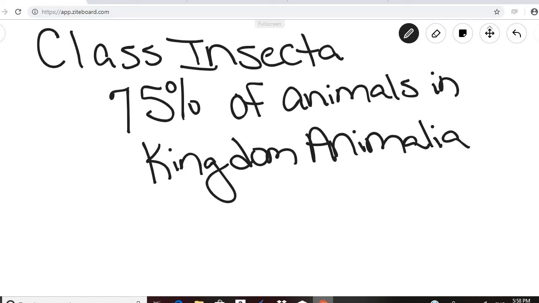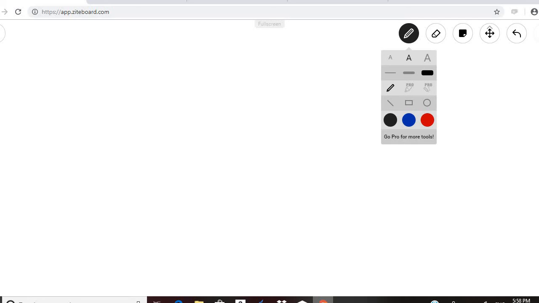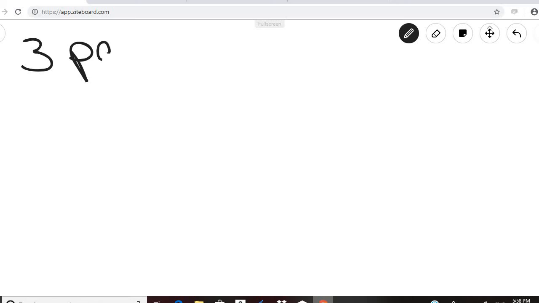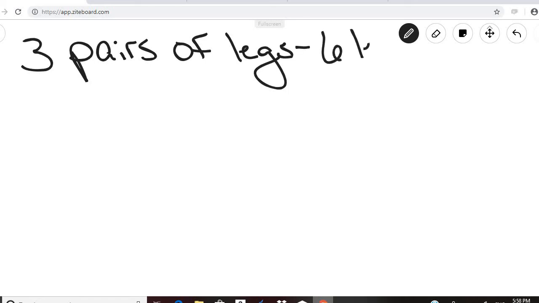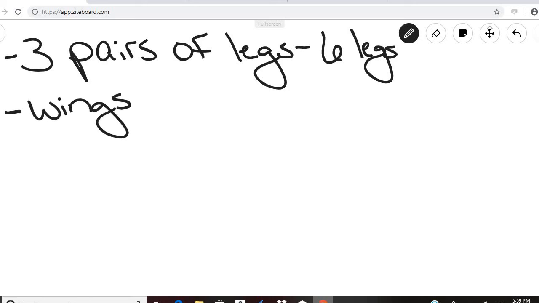So what are the characteristics of insects? Well, one characteristic of insects that you maybe already know is that they have 3 pairs of legs. So insects all have 6 legs. A second characteristic is that they have wings at some stage of their life.